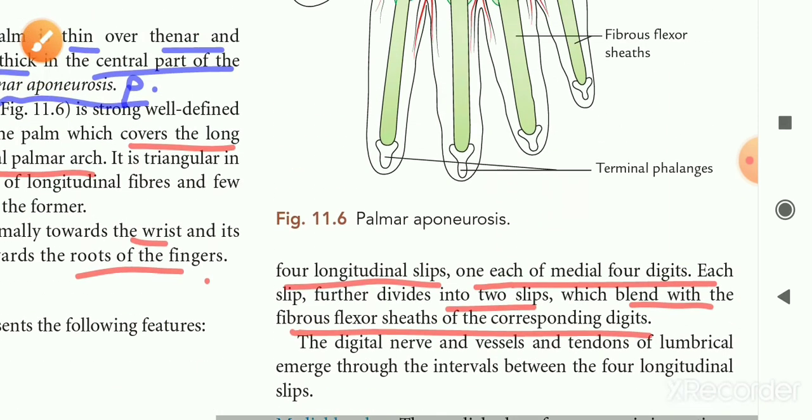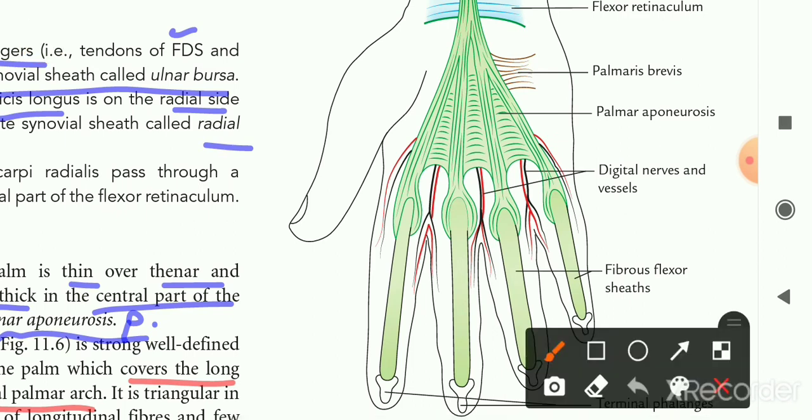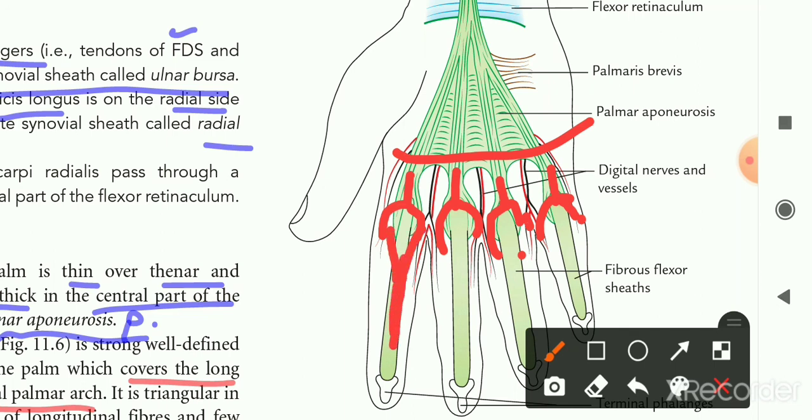That means, look at that, at the base they form 4 slips, and before insertion they are further divided into 2 slips, and ultimately they are inserted into the fibrous flexor sheath of each corresponding digit.